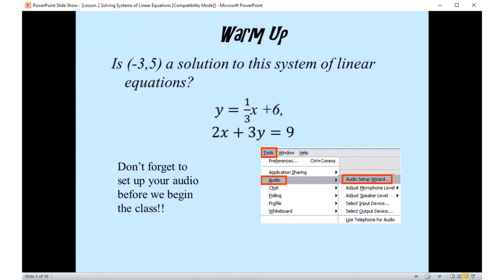So here's your warm-up. The question is: is (-3, 5) a solution to this system of linear equations? These are both equations of a line, and I'd like to know if the point (-3, 5) is on each line.